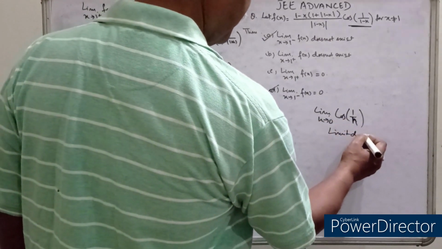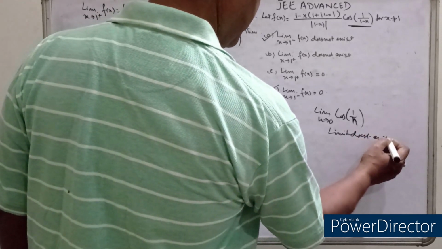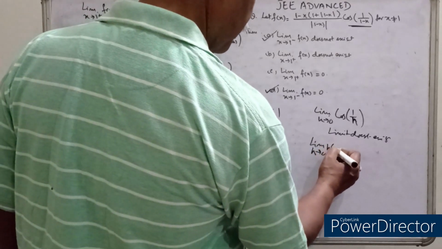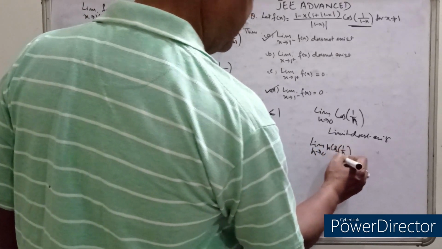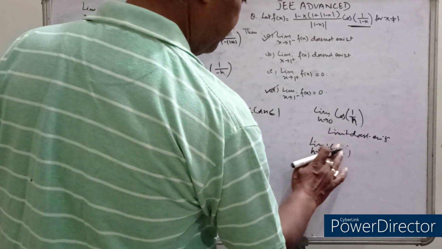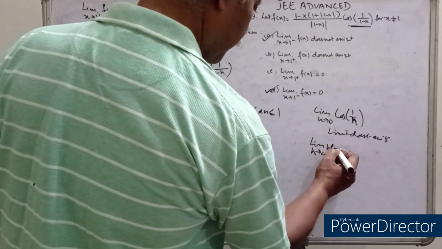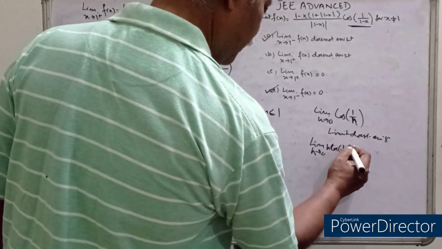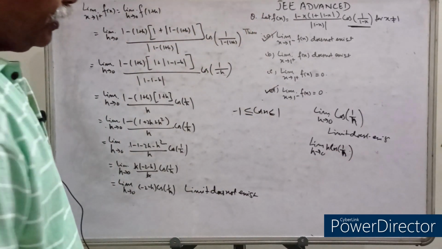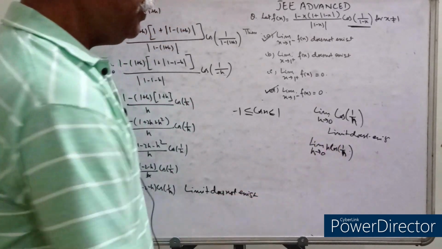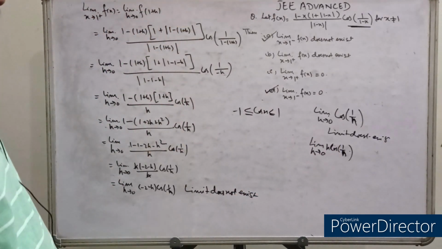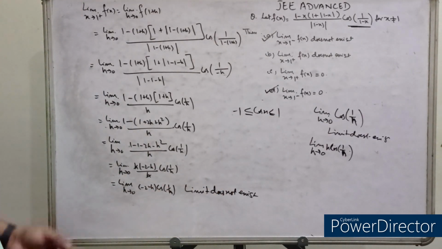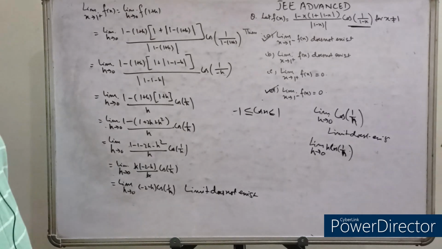But if it is limit h tends to 0 of h cos 1 by h, here you can give a decision, since h is 0, and 0 multiplied by anything is 0. So in this case and that case, when you are unable to give a decision, your limit does not exist.